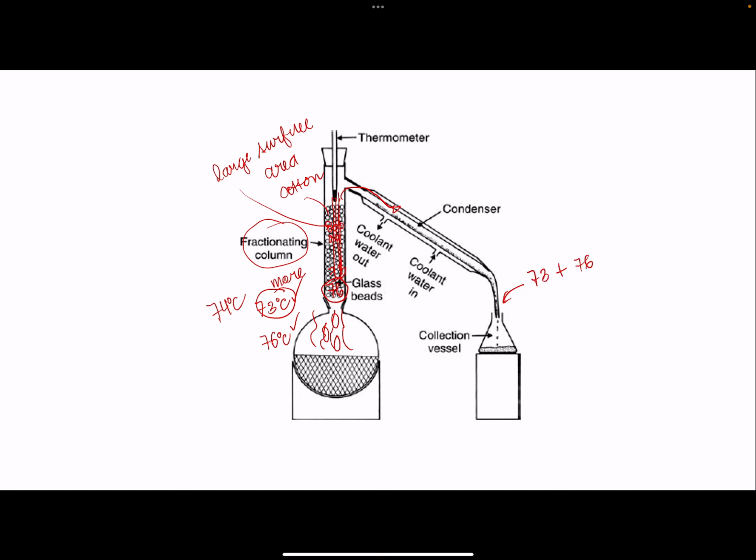Okay? But again, there will come a point that your collection is a mix of 73 plus 76. Kaya meron tayong tinatawag na waste container. Which again, ang purpose ng waste container natin is to contain your intermediates or yung mga mixtures natin. Okay?